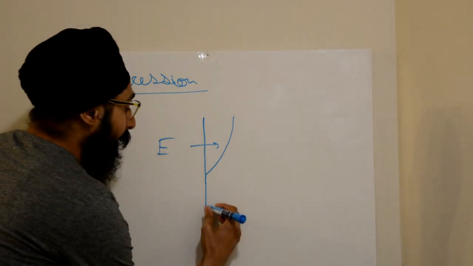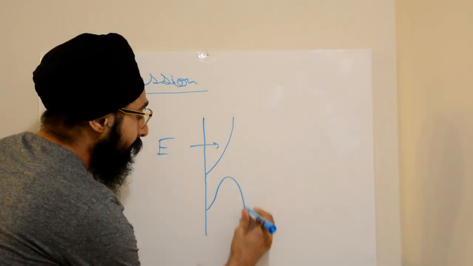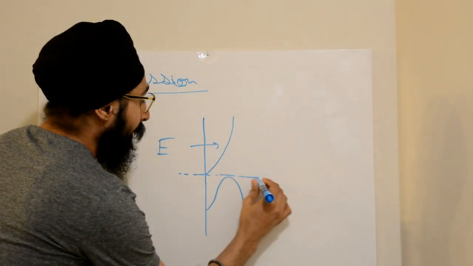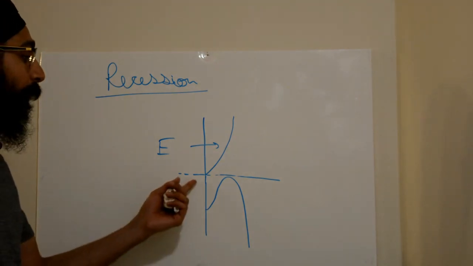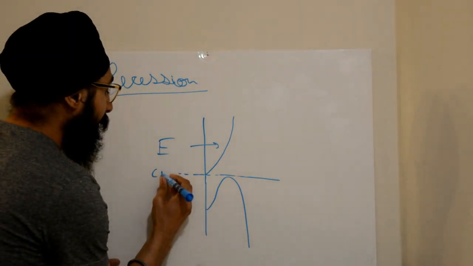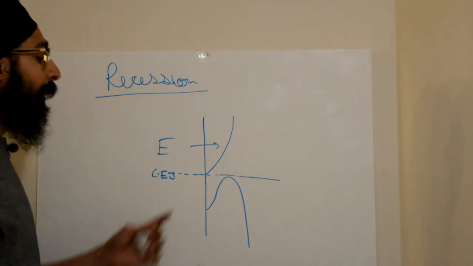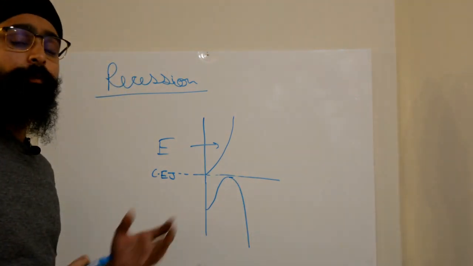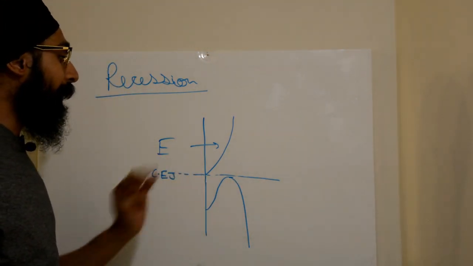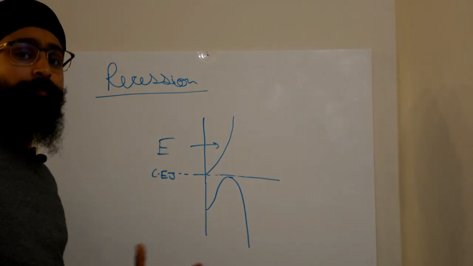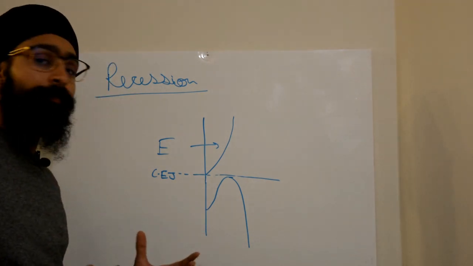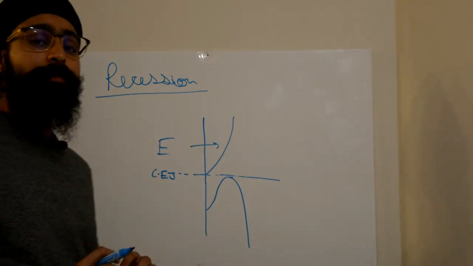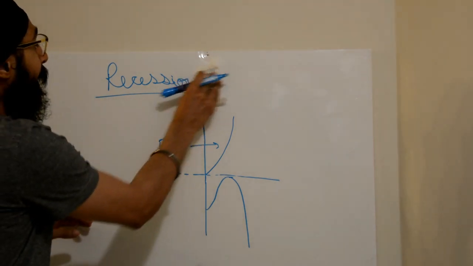In case the gingiva recedes apically and becomes like this, coming down from the CEJ, the cemento-enamel junction, when the free gingival margin is present apical to the cemento-enamel junction, we call it recession of the gingiva.